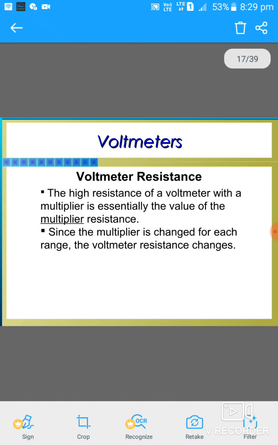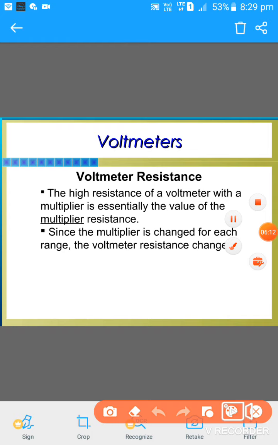Then we discuss the voltmeter resistance. The high resistance of the voltmeter with a multiplier is essential. The value of the multiplier resistance is changed for each range, and the voltmeter resistance changes.